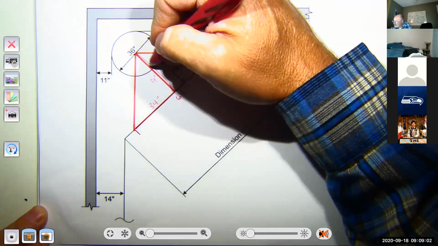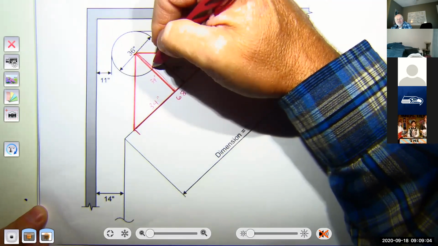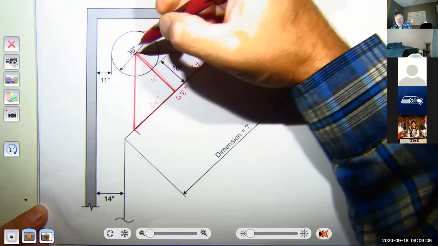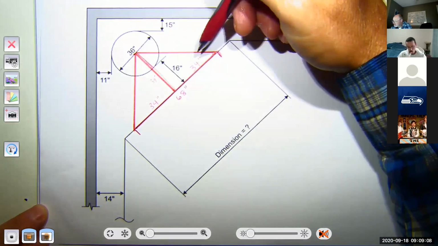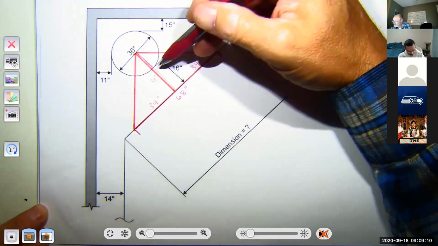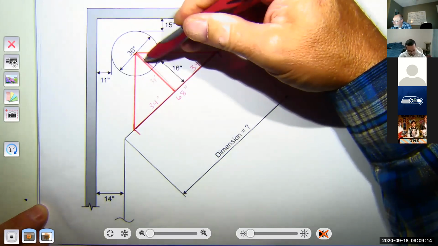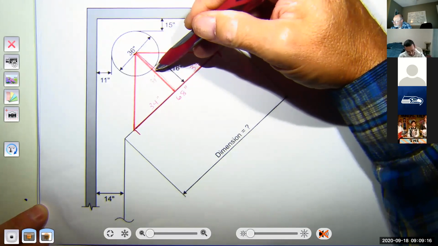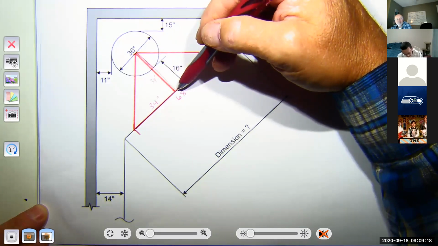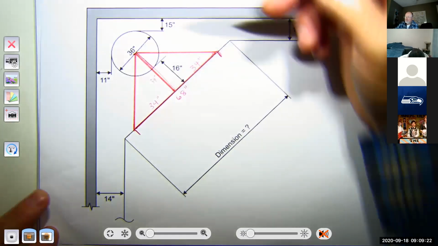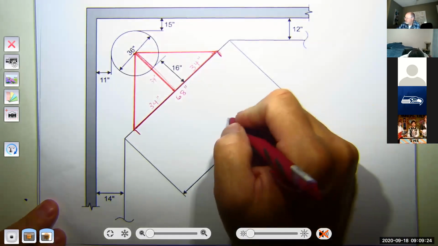This line right here is 18 inches. And then I added 16 inches to that to get me all the way to there. So 18 plus 16. Okay, now it's important for me to say this.